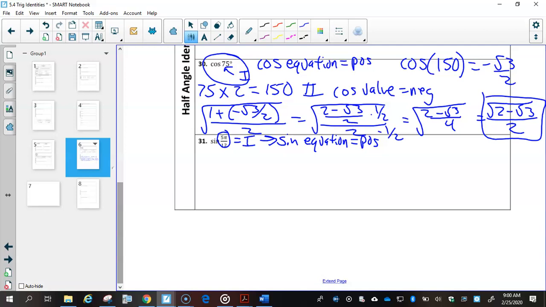It is still a half angle, so we can still multiply it by 2. When you do this, you should get something that simplifies to something on the unit circle.